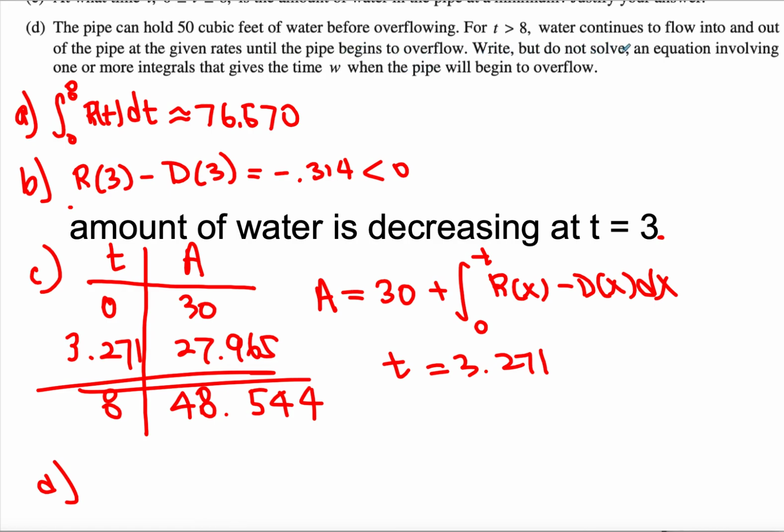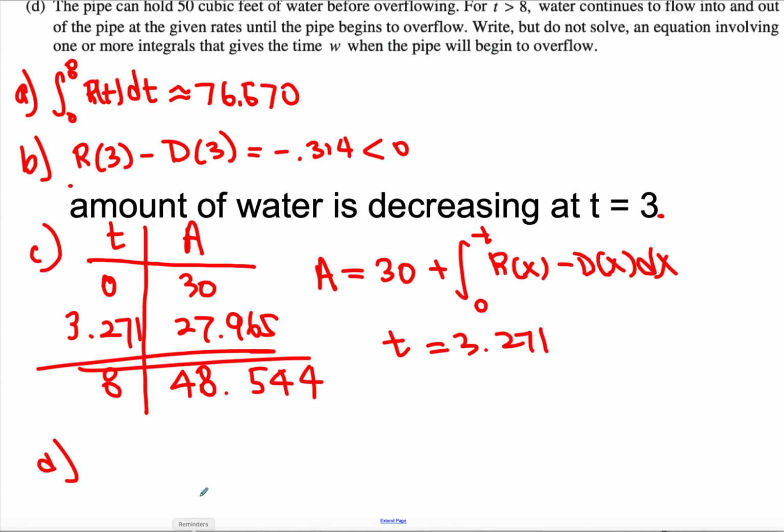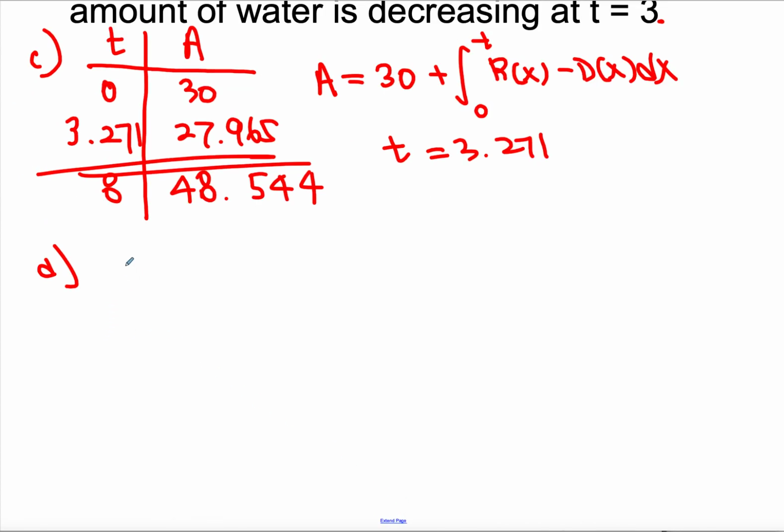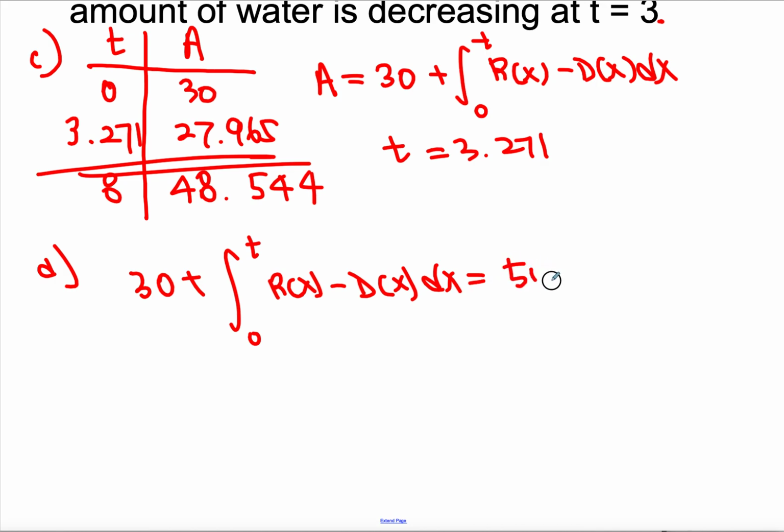But do not solve the equation involving one or more integrals. So the amount we can calculate is 30 plus the integral from 0 through t of R of x minus D of x dx has to be equal to 50. That's basically what we can write.